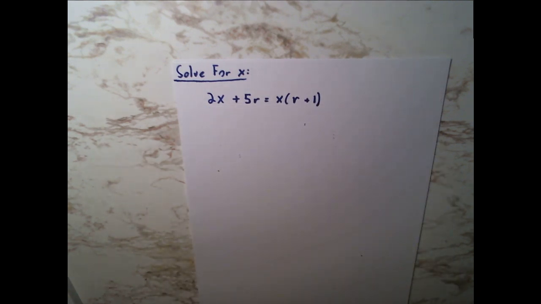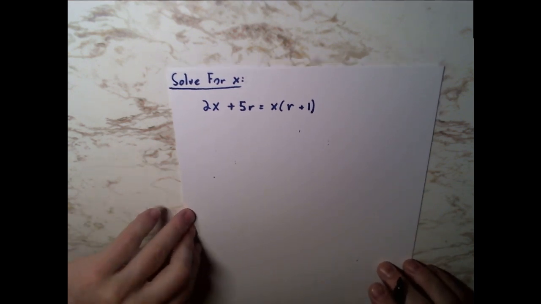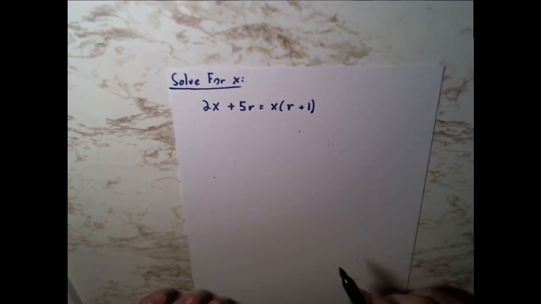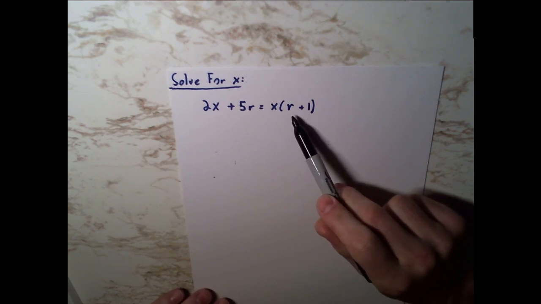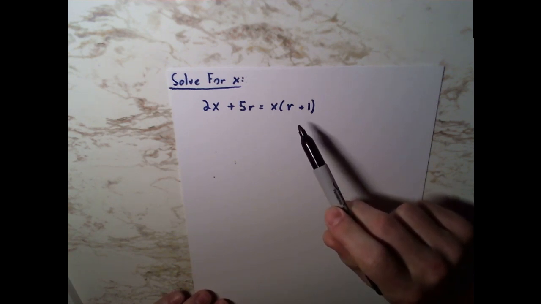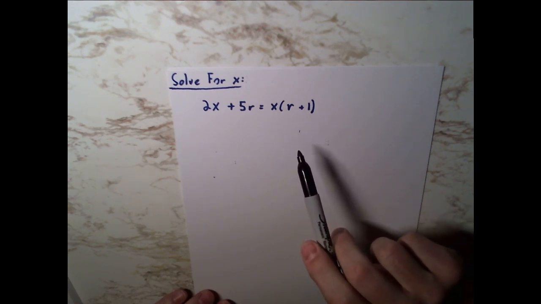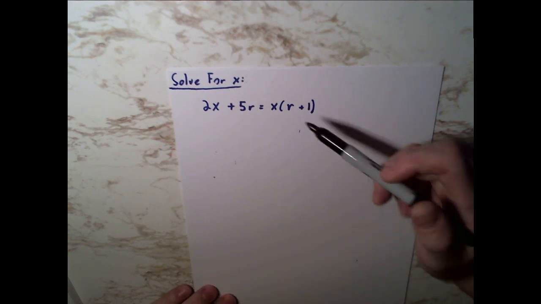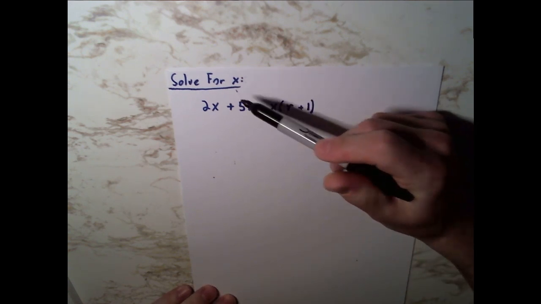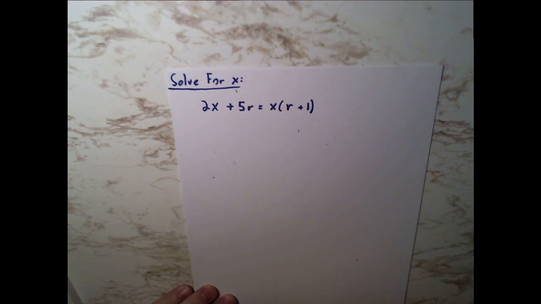So this next example is a little more difficult, and mainly because of this r term. Whenever you have an equation with two variables and you're solving for one of them, the problem is always going to specify which variable that you have to solve for.